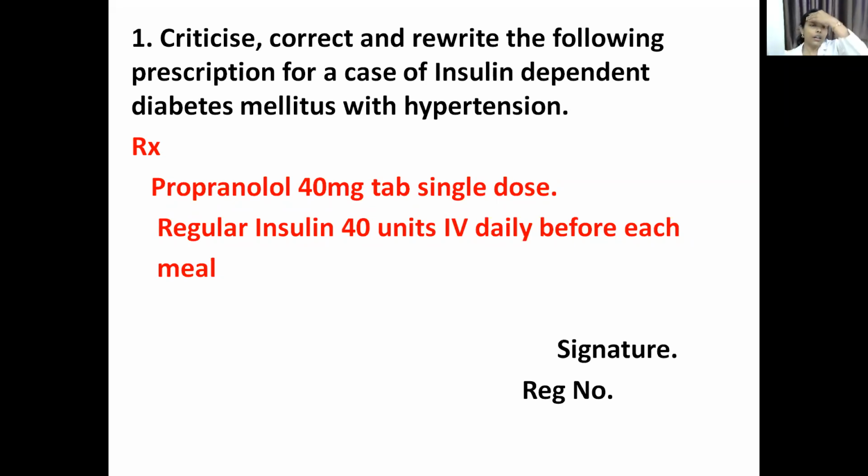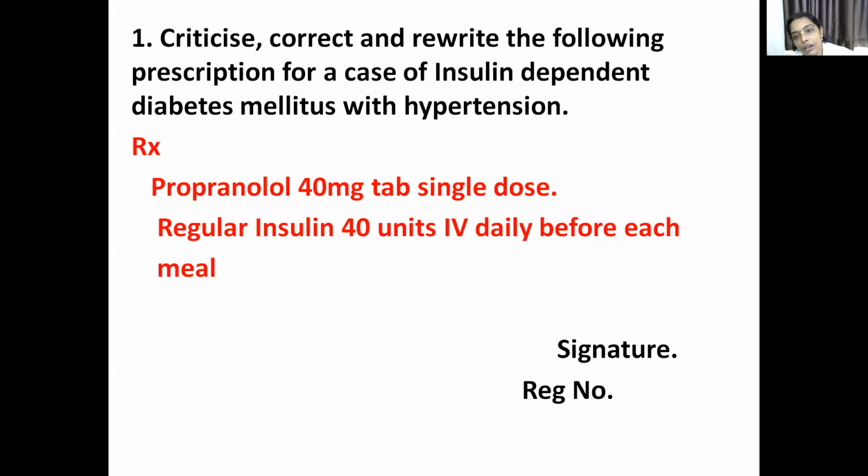So here, what is propranolol? Is it a cardioselective beta blocker or is it a non-selective beta blocker? I hope you are answering from that side. It is a non-selective beta blocker. So it blocks both beta 1 as well as beta 2 receptors. Okay.